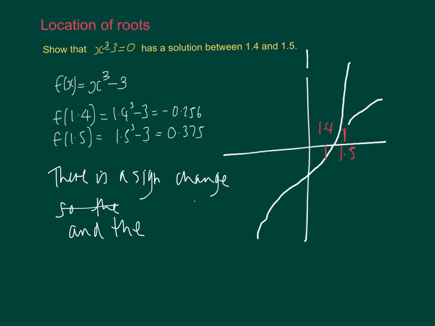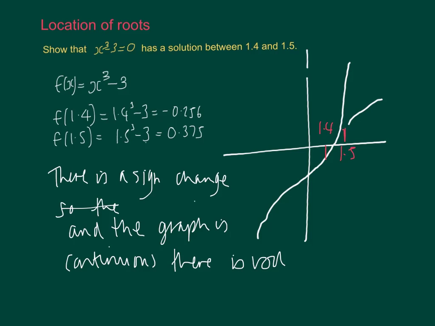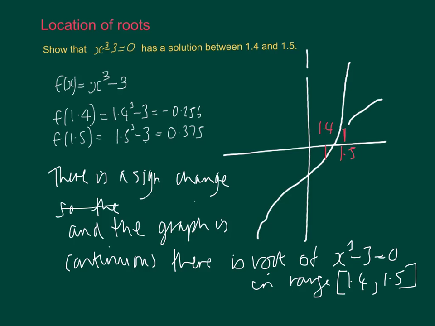Right, so a sign change and the graph is continuous. And so we can conclude there is a root of x cubed minus 3 equals 0 in the range 1.4 to 1.5. And we can write that with square brackets like that. That can show us a range.